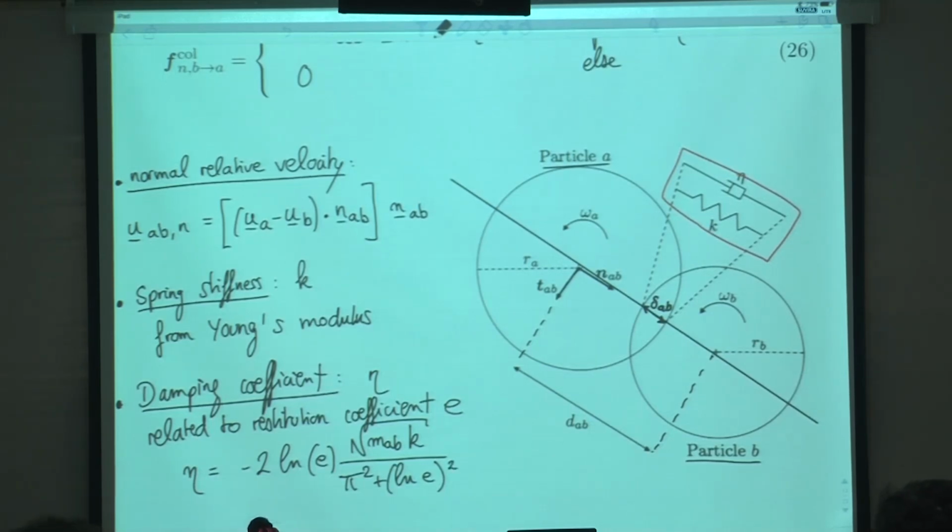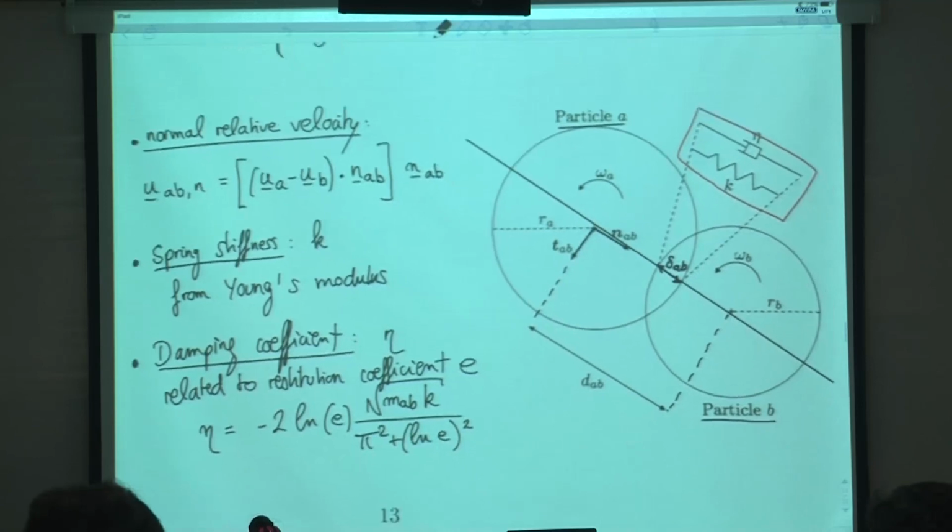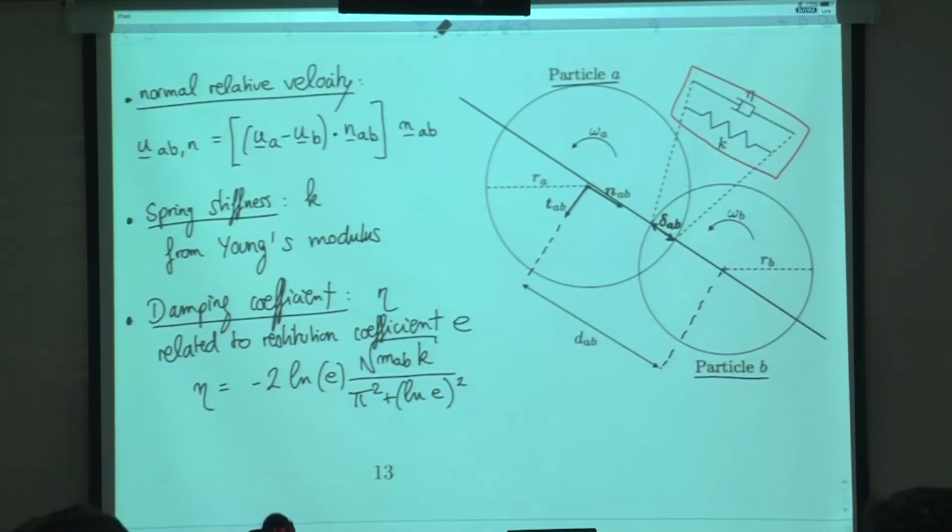The one thing that should make you wonder what's going on here is this MAB. MA is the mass of particle A, MB is the mass of particle B. As you go through the solution process, MAB ends up showing up as the harmonic average between the two.